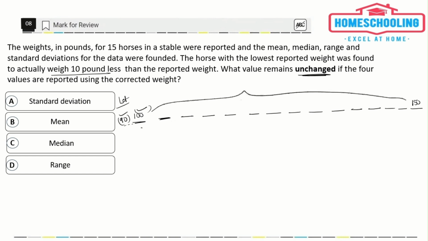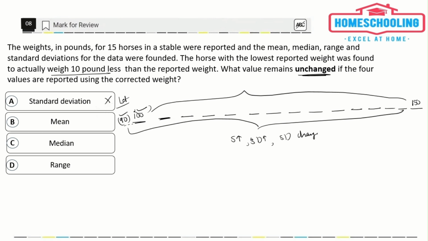As the spread has increased, the standard deviation will also increase. So the standard deviation will change, and this option will be incorrect.